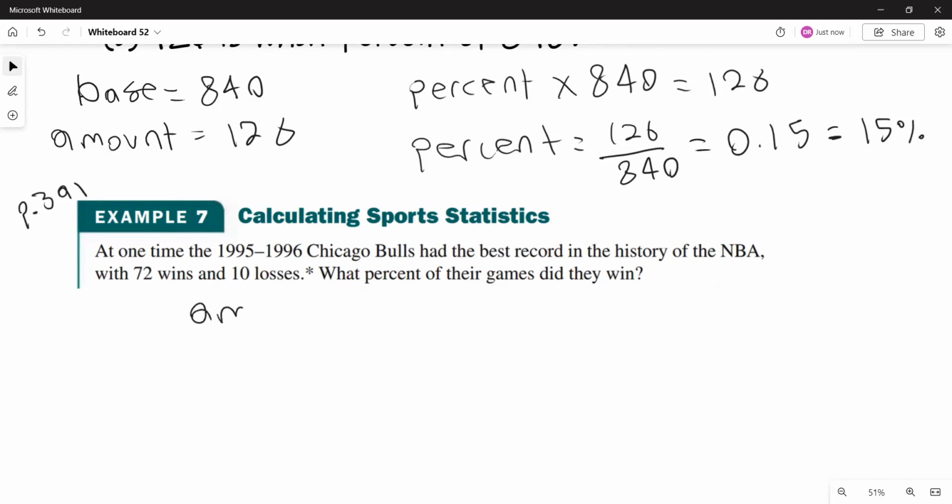They are asking what percent of their games they won, so we want to find the percent. The amount is 72, and the base is not given explicitly, but if they won 72 games and lost 10, the base is going to be 82.